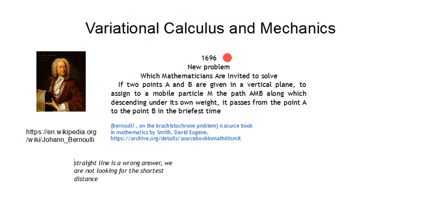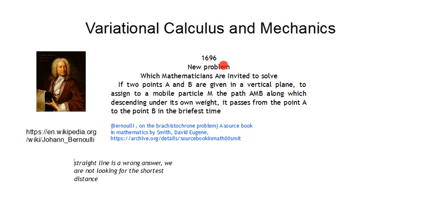speak about this real story, which occurred in the 17th century, and the persons involved in this story are very well known scientists. So it began when John Bernoulli in 1696, at the end of the 17th century, issued a new problem.